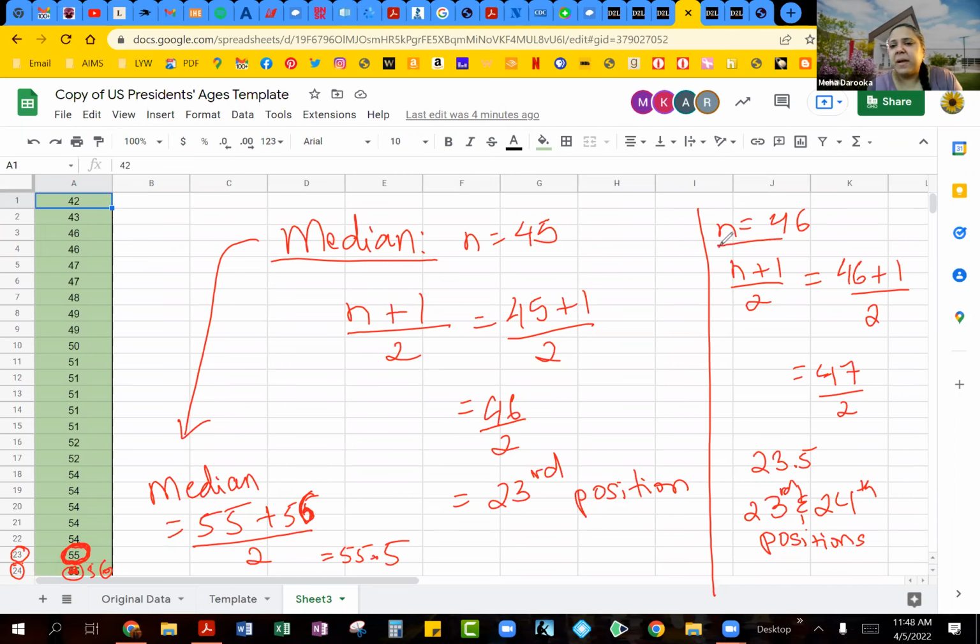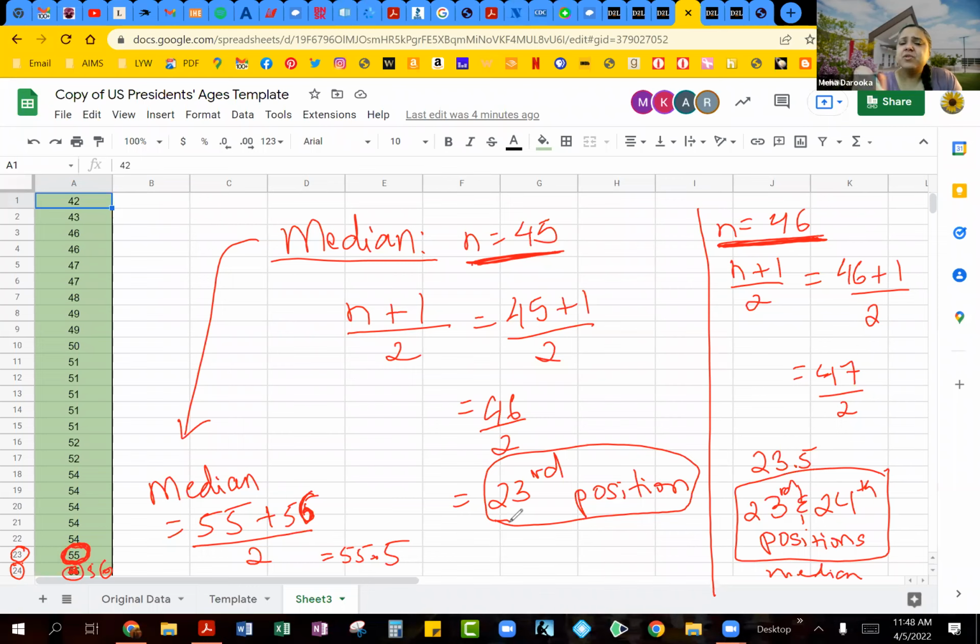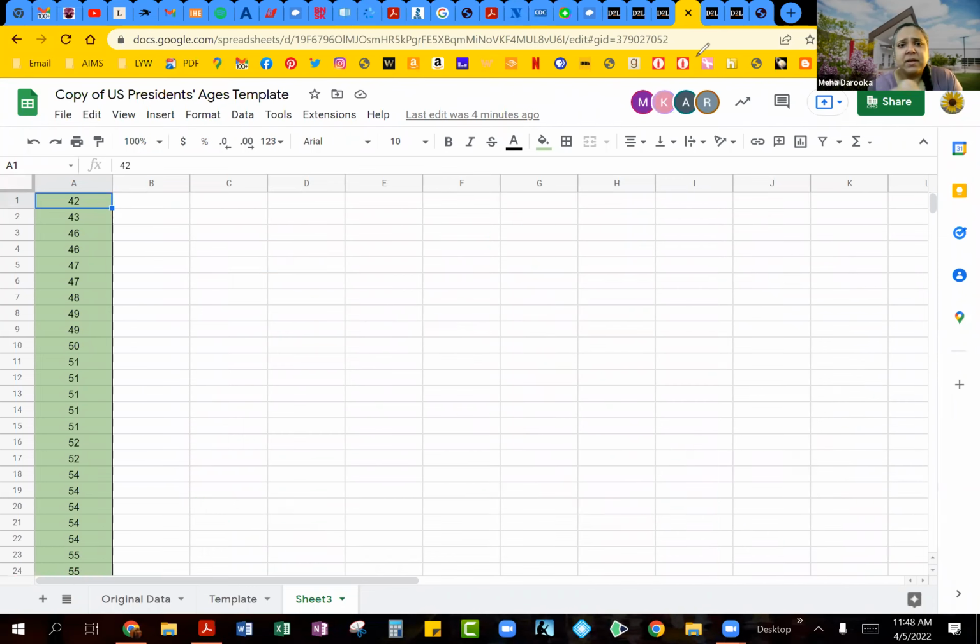So just remember that whenever you have an even number of data values in your set, you will come up with 2 positions that you then have to take an average of to find your median. If it is an odd number data set, then you will only end up with 1 position, and that will give you the answer for your median. So that's how the median calculation traditionally works out.